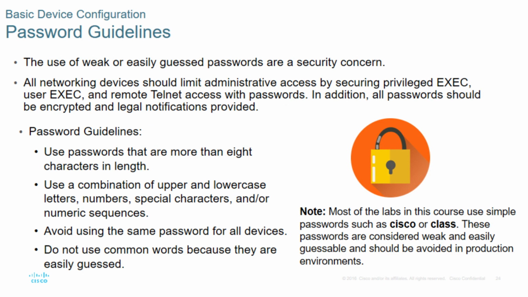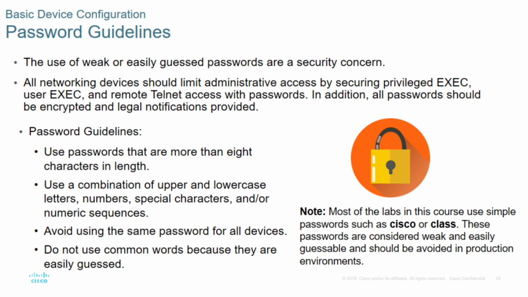Now, password guidelines. The use of weak or easily guessed passwords continues to be the biggest security concern of organizations. So network devices, including home wireless routers, should always have passwords configured to limit administrative access.